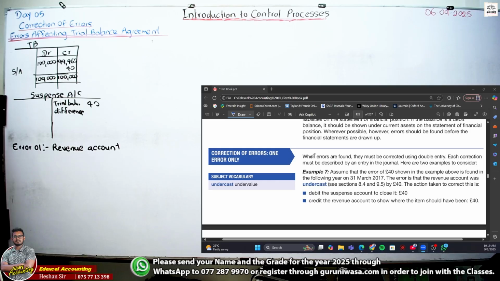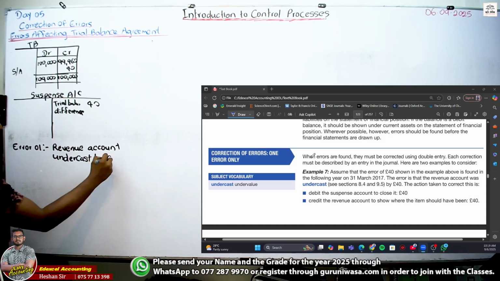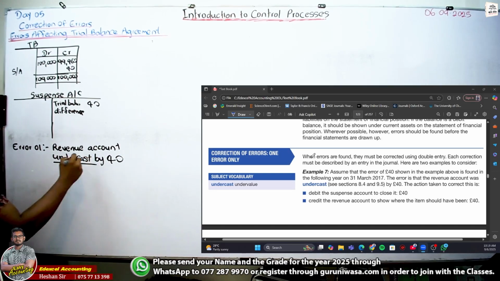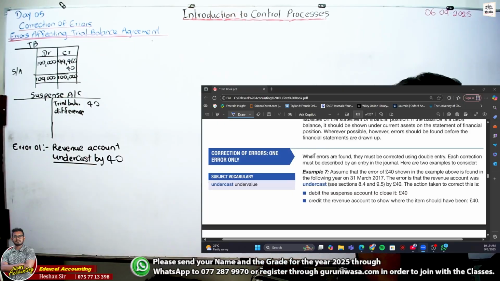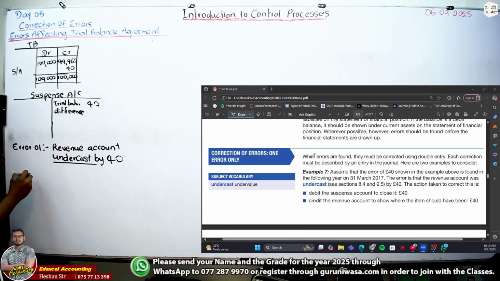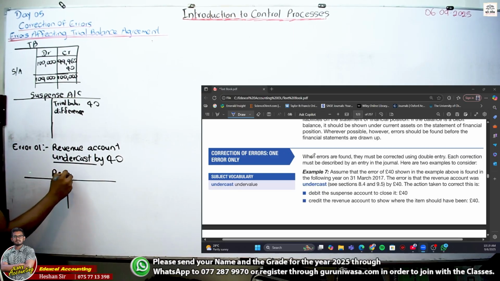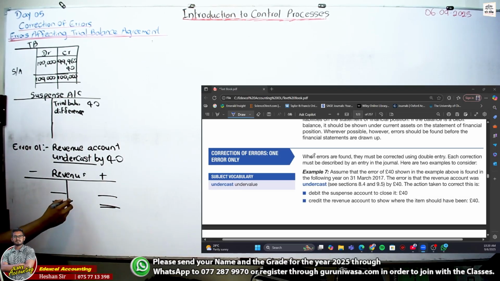Undercast by 40. What is the term called undercast? Undercast means undervalued. When we take the revenue account, the balance b/d goes to the credit side, because it's an income account, and the increase side is credit.